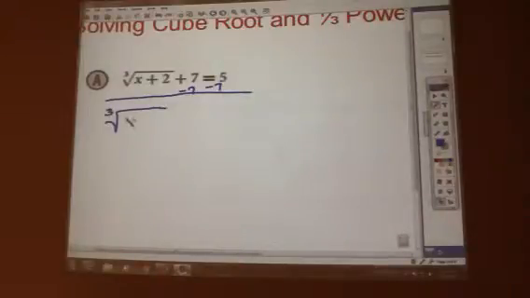Cube root of x plus 2 equals negative 2. Now how do you think we get rid of a cube root? Cube it. So we're going to cube it, both sides.